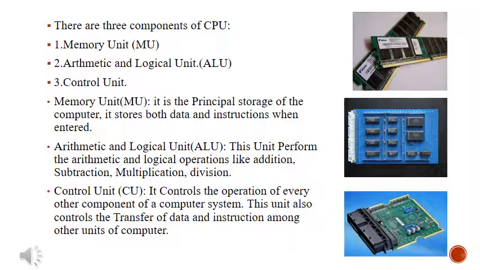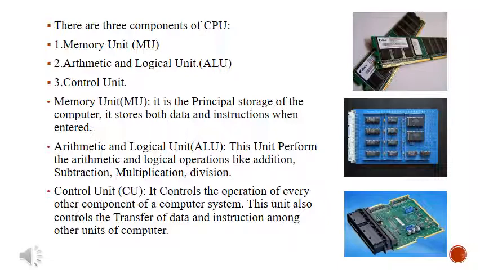There are three main components of CPU: memory unit, arithmetical and logical unit, and control unit. Memory unit, short form MU, is the principal storage of the computer. It stores the data and instructions which are given or entered in the system. Arithmetical and logical unit, short form ALU, performs the arithmetical and logical operations.